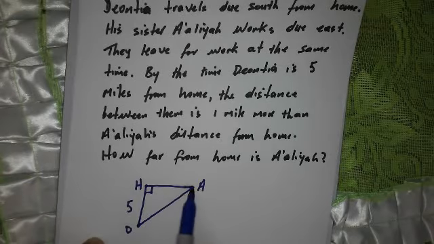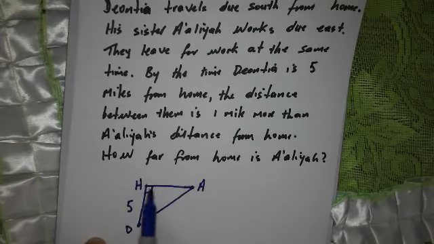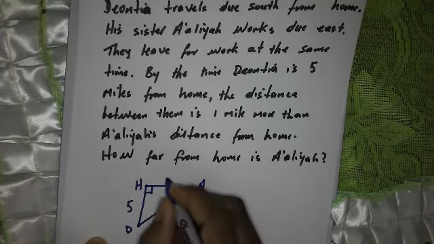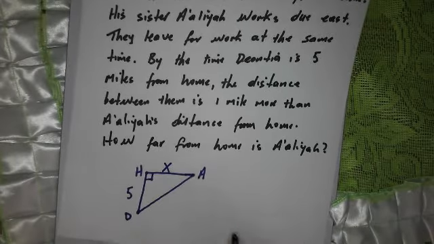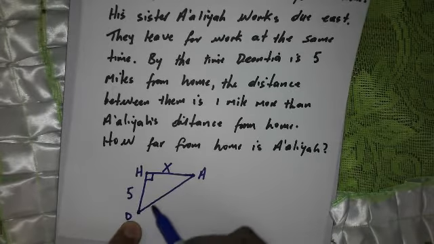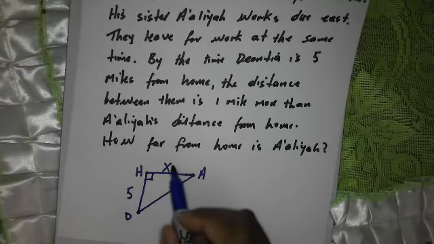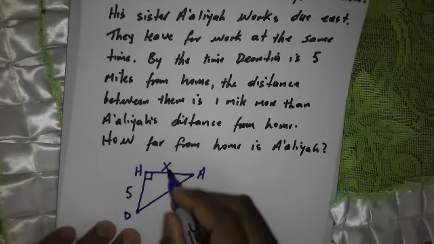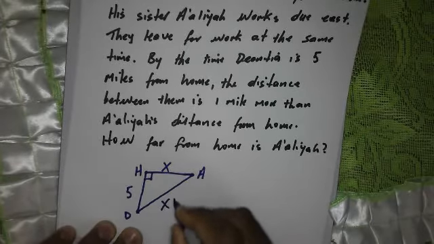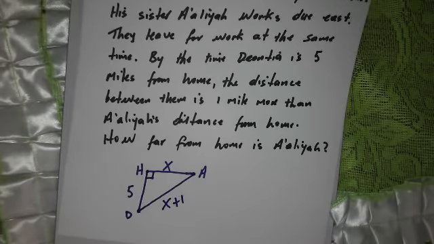This is Alea's distance from home. They did not tell us what it is, so we will call that distance x. The distance between Deontay and Alea is 1 mile more than this distance, so it has to be x plus 1. And this is your diagram.